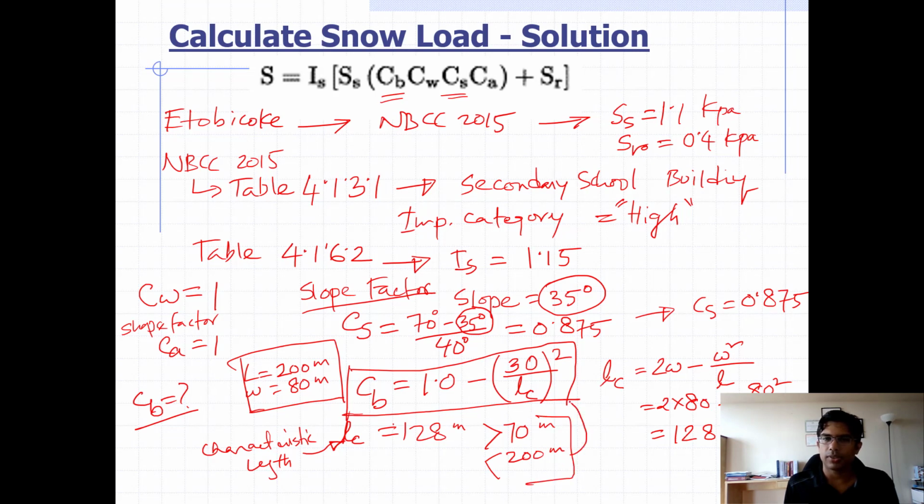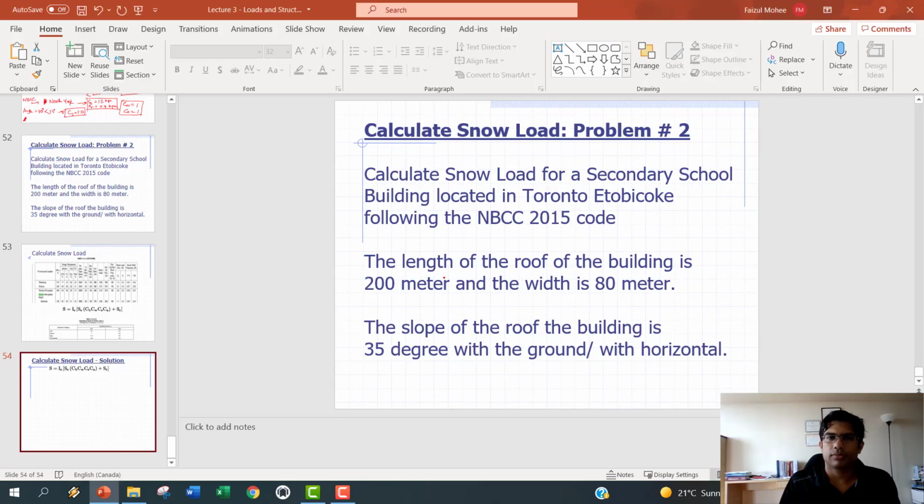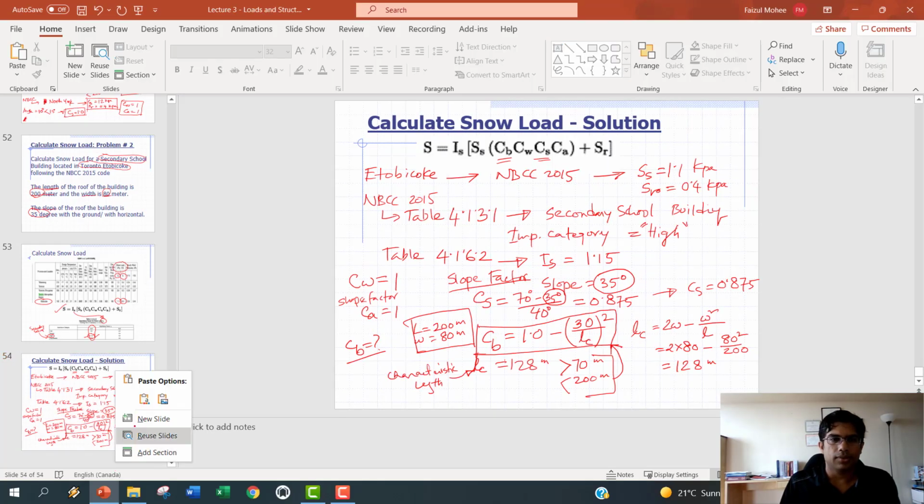Therefore, we need to use CB equals 1 minus 30 by LC, squared. I can erase some of these things here, or I can just create a new slide.